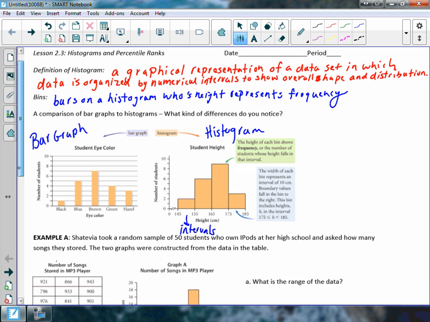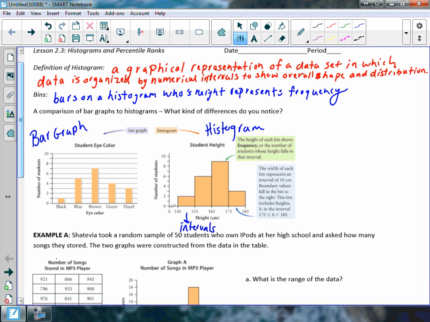So you're going to hear me talk a lot about bin height. Bin height, essentially, in this particular histogram, bin height for this first bin would be 2 people that fall into the height interval of 145 to 155 centimeters. And my bin height here would be 6 people. My bin height here would be, looks like 9 people. And then finally, I have a bin height of 3 people that fall into that final interval of 175 to 185.